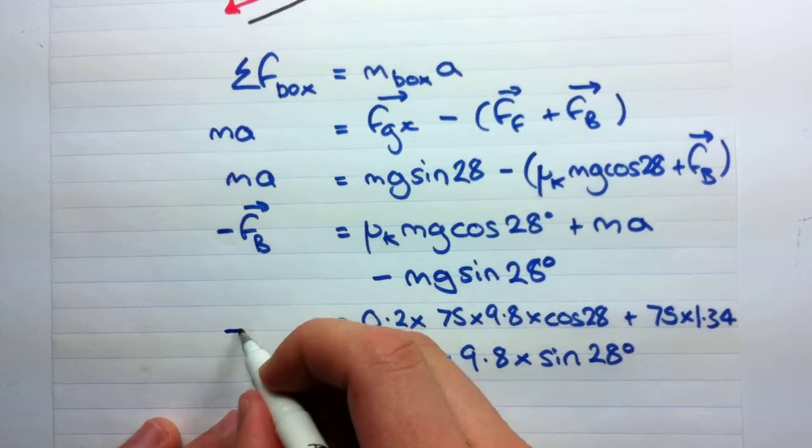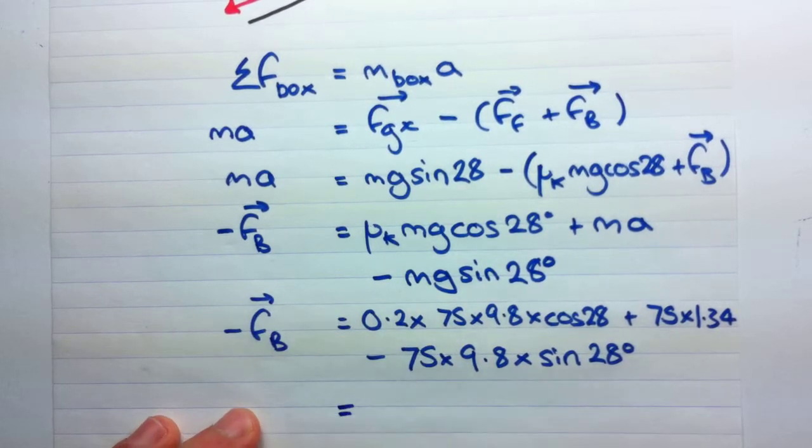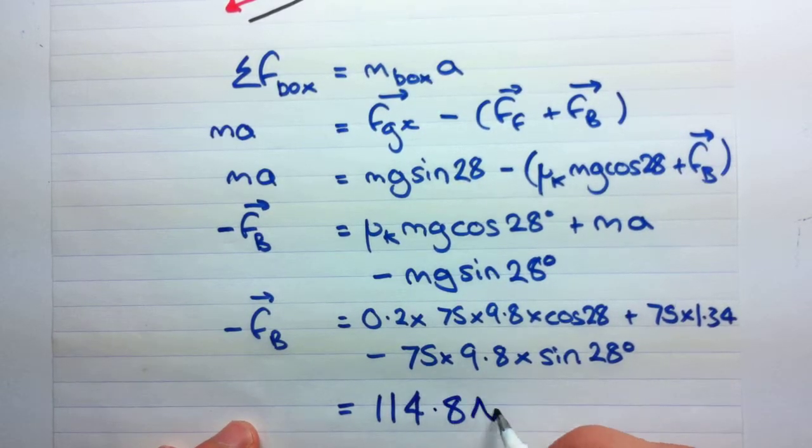Now I'm just going to type that all into the calculator, and if you times it by -1, you get the force that the boy is providing is 114.8 newtons.